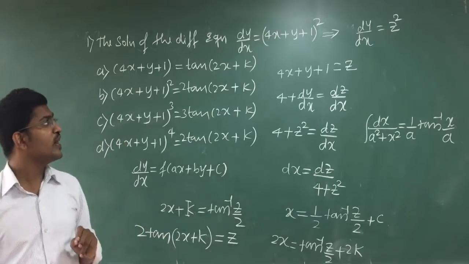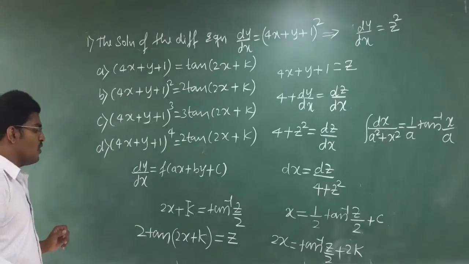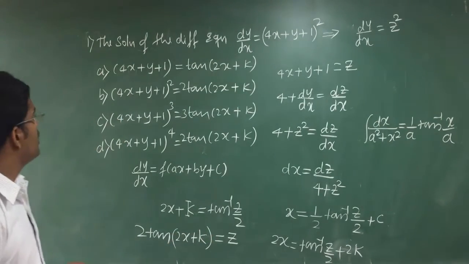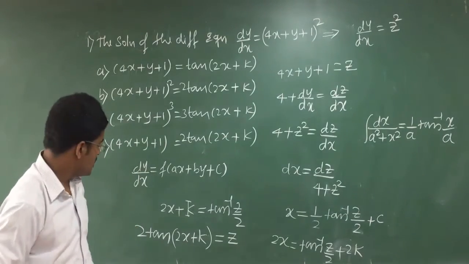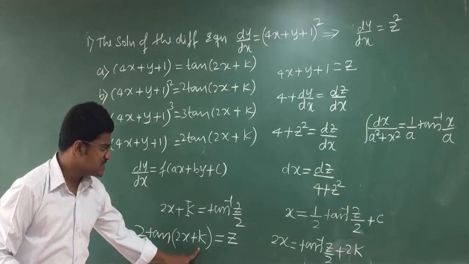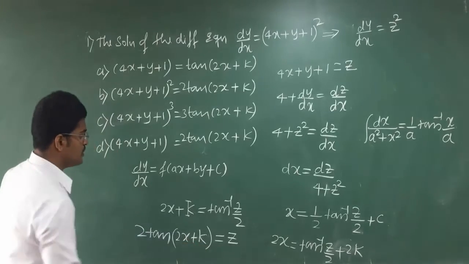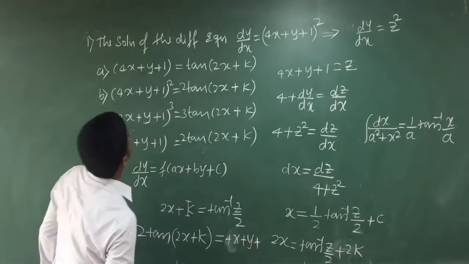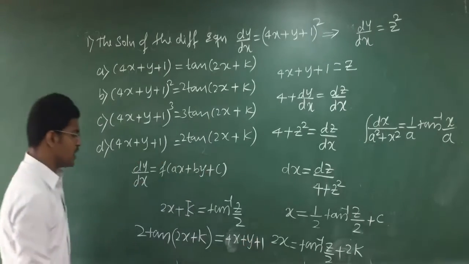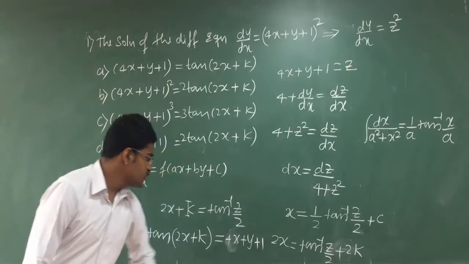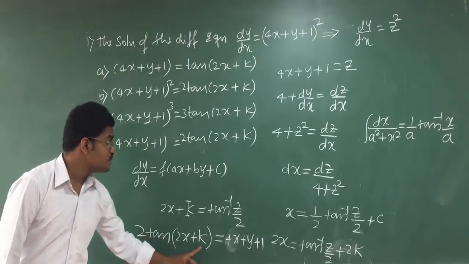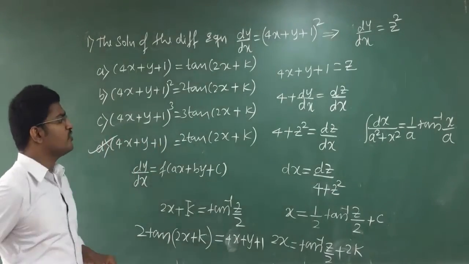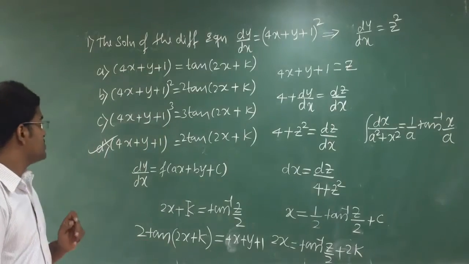See the answer: 2 times tan of 2x plus k equal to z, where z is 4x plus y plus 1. Therefore, 4x plus y plus 1 equal to 2 times tan of 2x plus k is your answer.